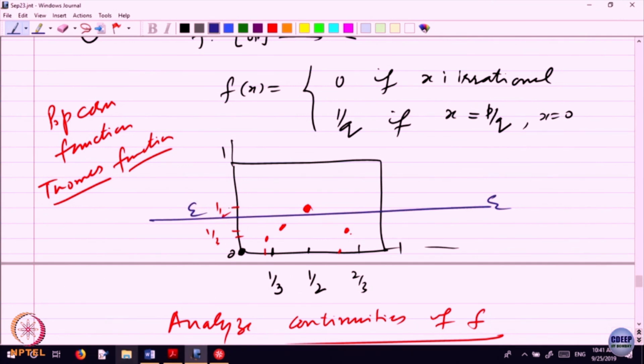At how many points in the domain can the value of the function go above epsilon? Those are the rational points, and at the rational points the value is 1 over q. So the only points possible are when 1 over q is bigger than epsilon.